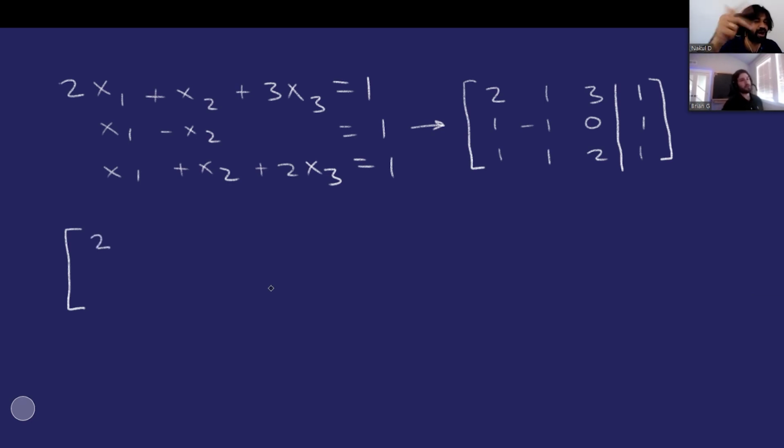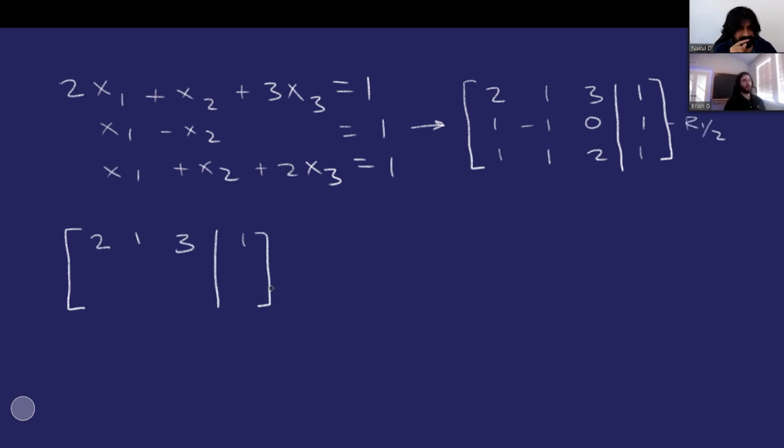You could swap and then subtract 2 times row 1 from row 2, for example. Oh yeah, I see. That would be my coward's way. But you do you. Okay, we are subtracting row 1 over 2 from row 2. Yes, go for it.